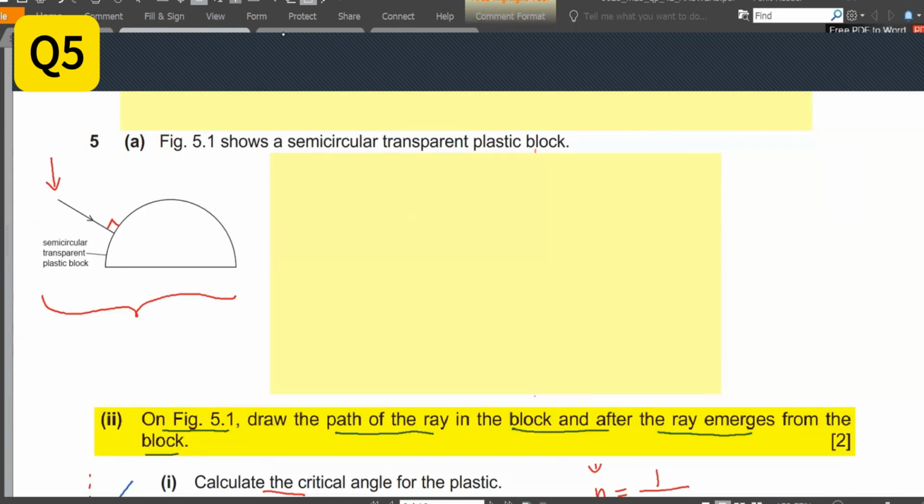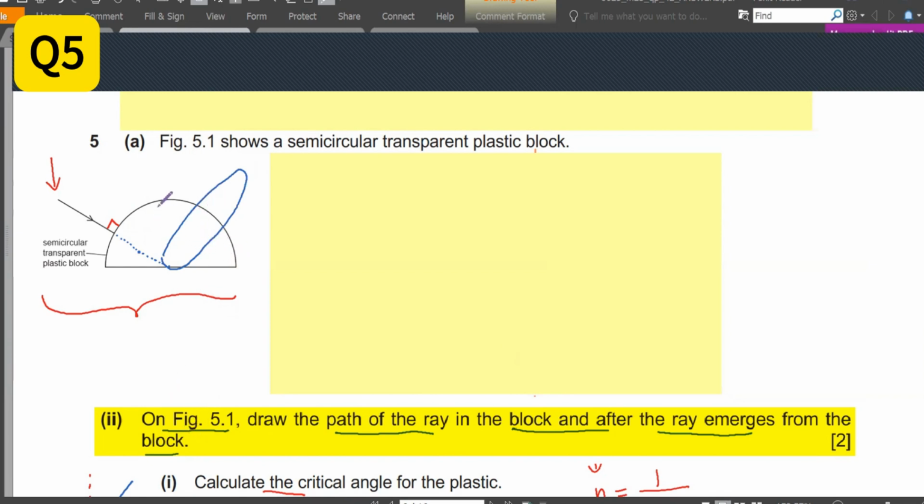What we want to know is this. We expect the ray will keep going after it enters the block. We want to know what happened when it leaves the block. Okay, after it re-emerges from the block.